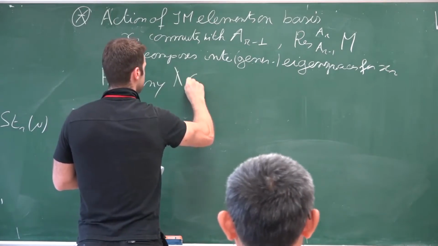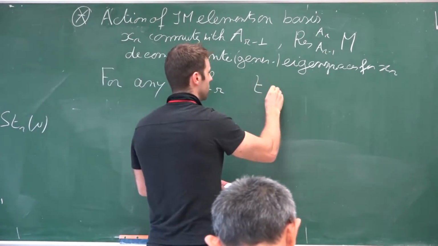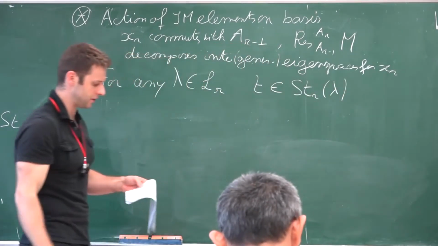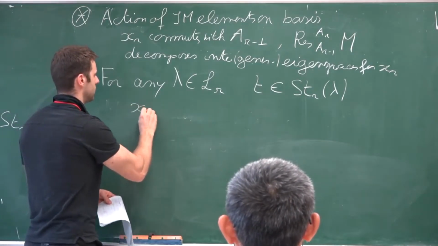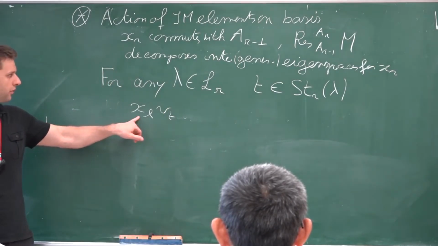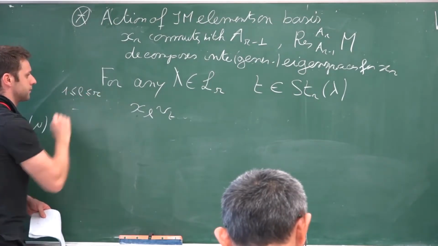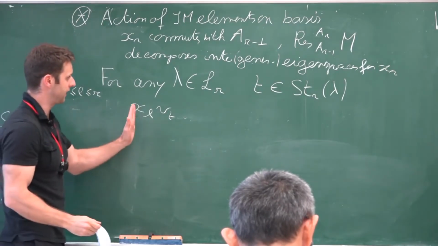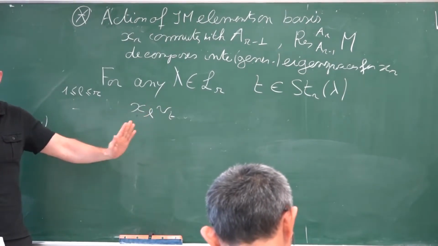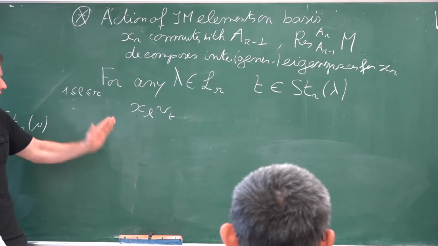So if we take some lambda in our set of partitions, then some path in the corresponding Bratteli diagram which ends in that partition, you will get an action of any Jucys-Murphy element XL, so L ranging between 1 and R. And that action corresponds to this: the smaller L is, the more times I restrict before I look at the action, you could say.